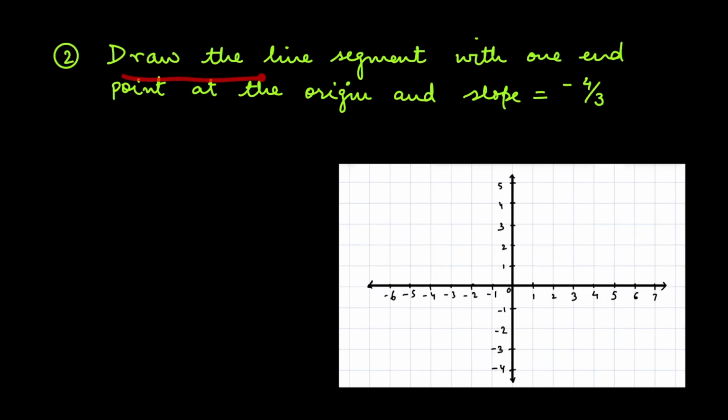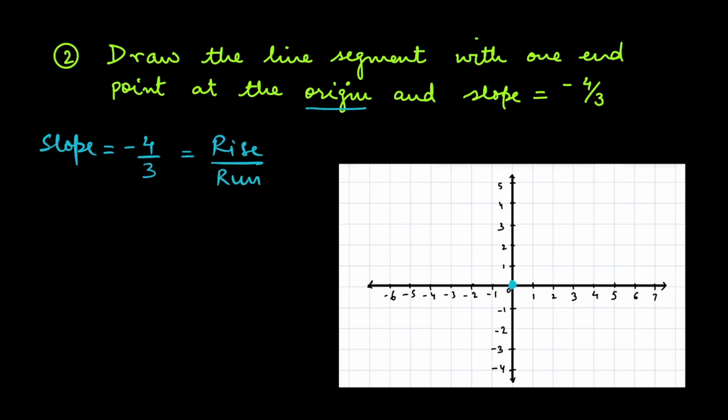Now example 2. Draw the line segment again with one endpoint at the origin and the slope is -4/3. Since the origin is one endpoint, we mark the endpoint as origin and the slope is -4/3, which we know is rise over run.